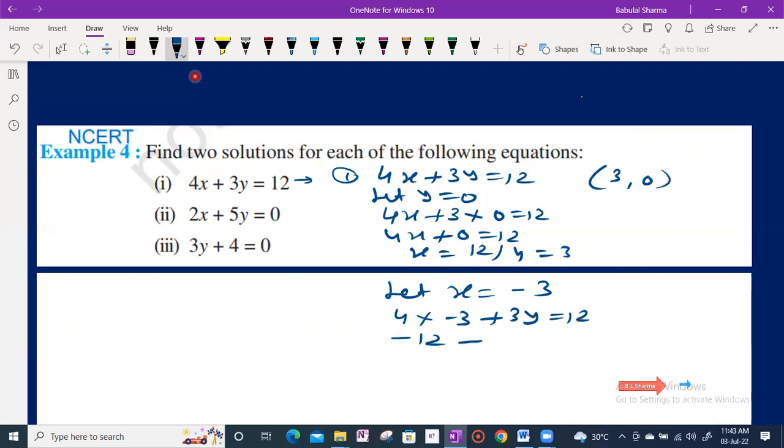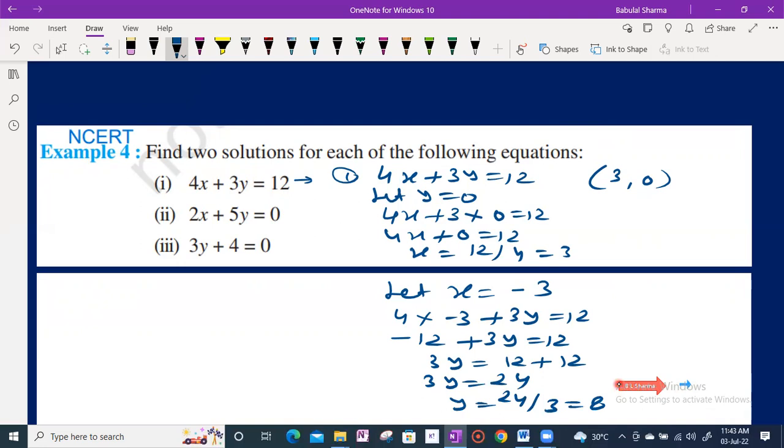That is minus 12 plus 3y is 12. So 3y is 12 plus 12. 3y is 24. And y is 24 upon 3, that is 8. So the second solution can be (-3, 8). This completes our first part.